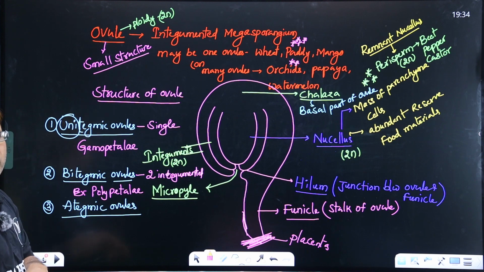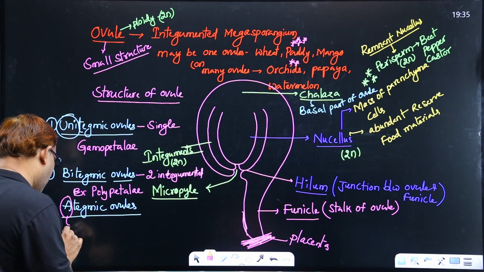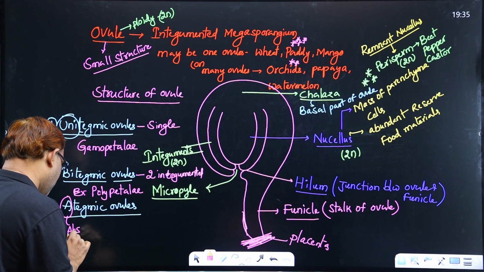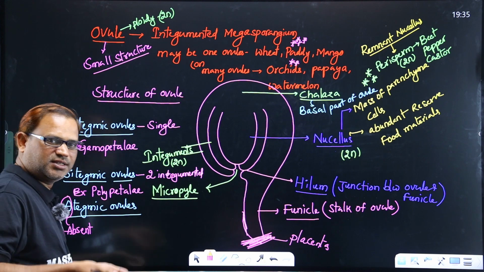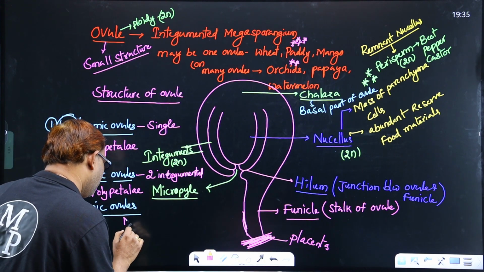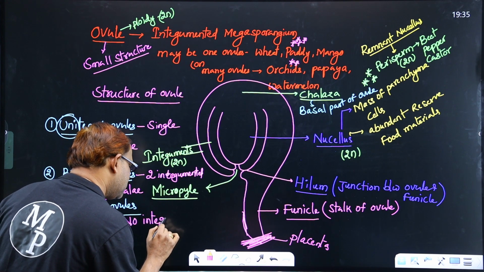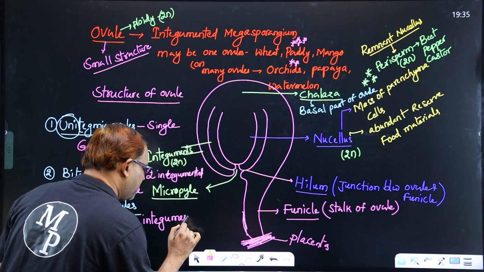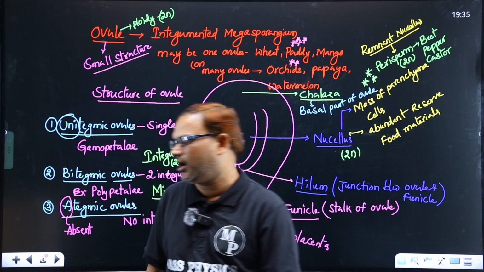Ategmic ovules means what? Look at the name. A here indicates what? Absent. What is absent here? Tegmic means integuments. Integuments are absent. So there are no integuments. No integuments means a naked ovule. Very important.